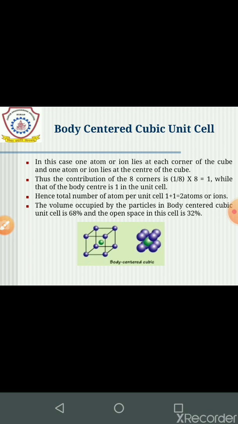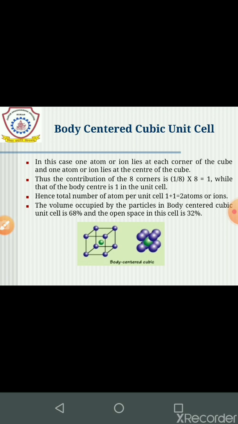Second one, crystal structure BCC, or body centered cubic unit cell. In this case, one atom or ion lies at each corner of the cube, and one atom or ion lies at the center of the cube, as clearly seen in the diagram.